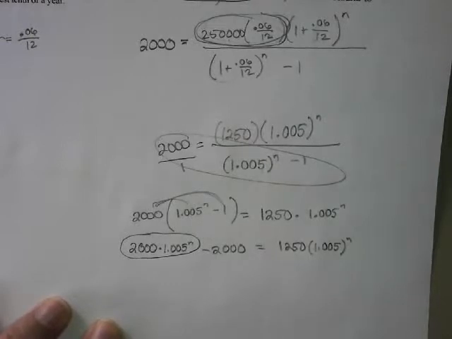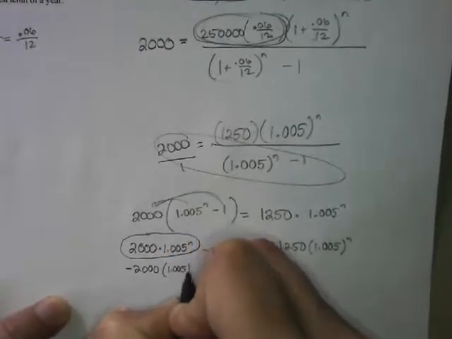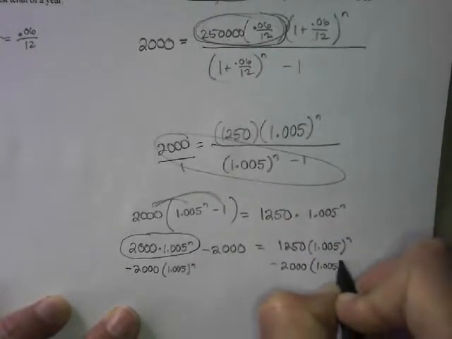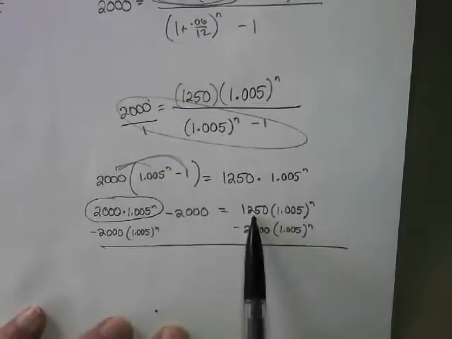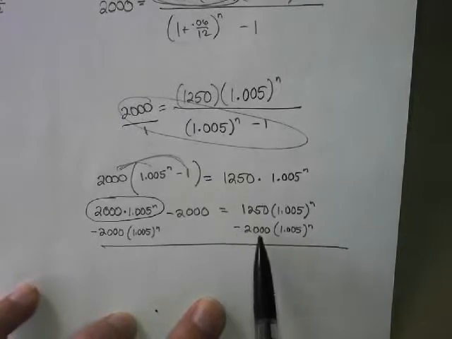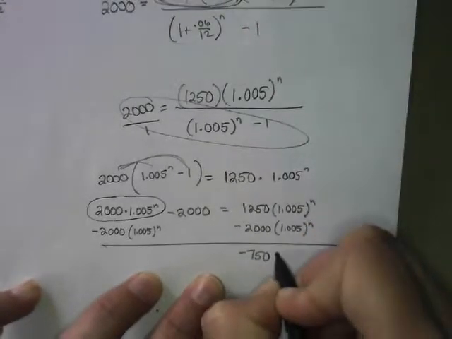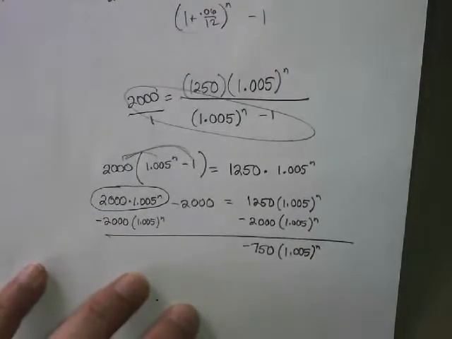So if I subtract 2,000 of these, I'm pretty much combining like terms here. It's a complicated version of combining like terms, but 1250 of these things minus 2,000 of these things makes negative 750 of these things, the 1.005 to the nth power.